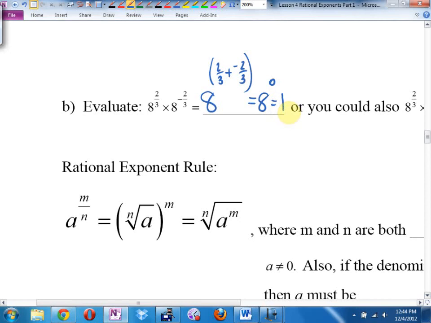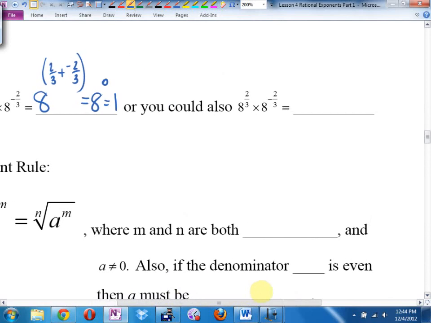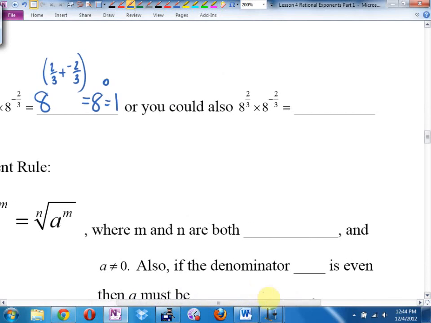There's a second way you could have done this. You could have said, same question. Hey, Mr. Dewick, I see a negative exponent. Do you see a negative exponent? Is it a negative exponent? Karn, is that an exponent?